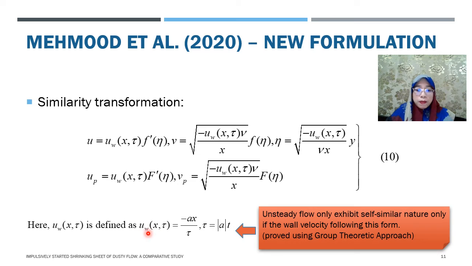So uw must follow this equation so that the flow exhibits self-similarity. They proved this using the group theoretic approach. In this similarity transformation, they consider the nature of the problem, which is a shrinking sheet, so the negative sign here refers to the shrinking sheet flow.